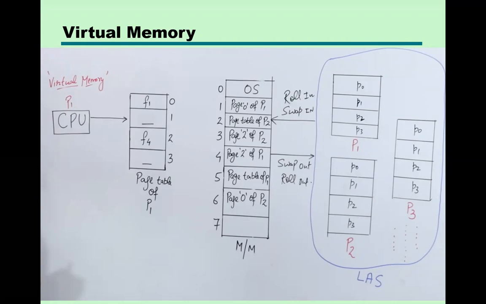Even if the sizes are large, still more processes can be brought into main memory, right? Like you can call pages P0, P1 from P1, P2 and P3 from P2. Similarly, you can call the required pages from the respective processes.